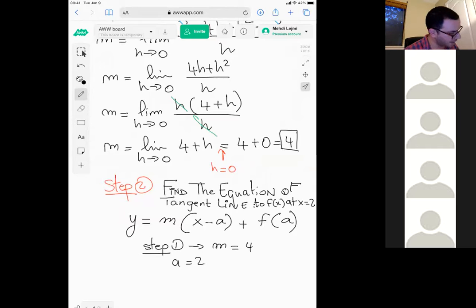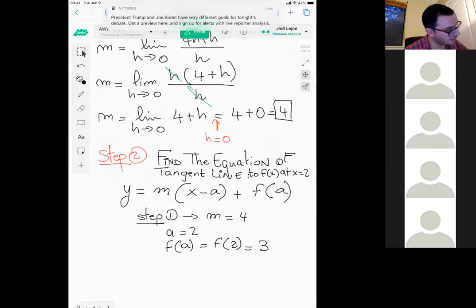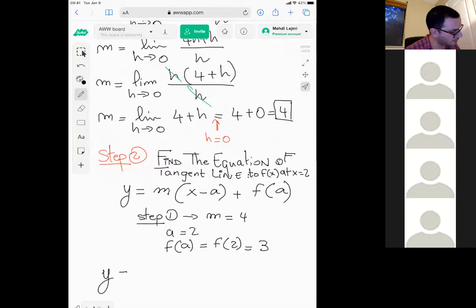And so what's f of a? f of a would be f of 2, and we said that would be equal to 3, right? 2 squared minus 1, that would be 3. So here's our equation then: y equals m, which is 4, times x minus a, which is 2, plus f of a, which is f of 2, and f of 2 is of course 3.